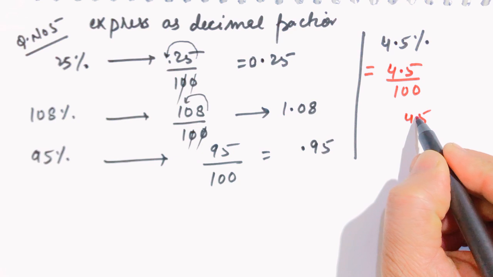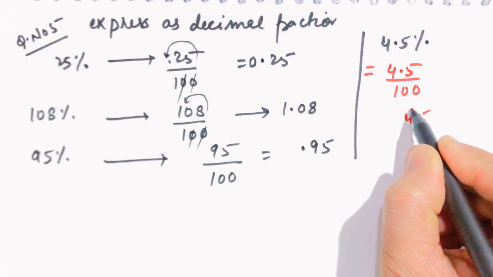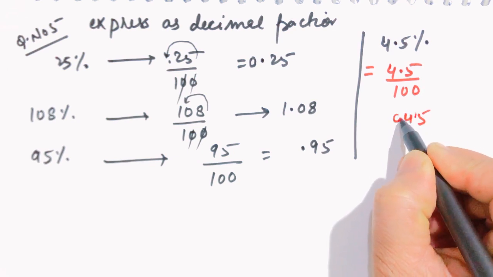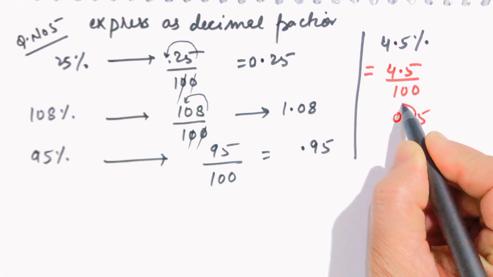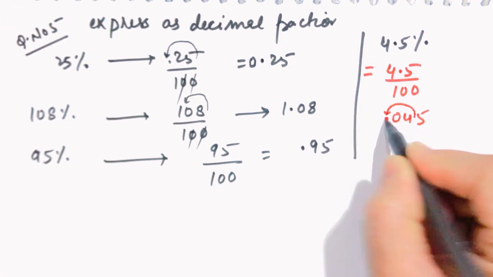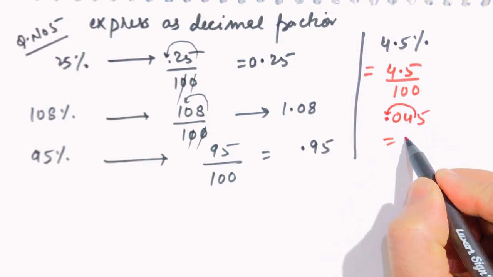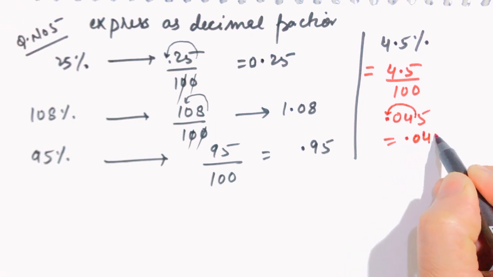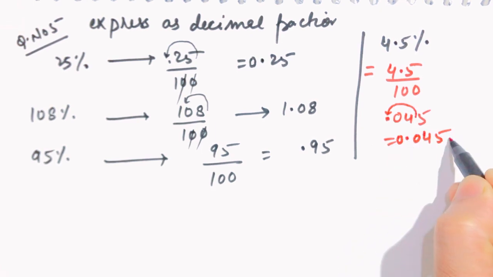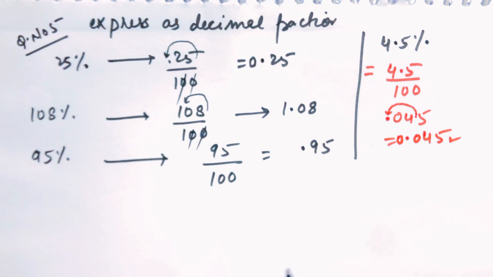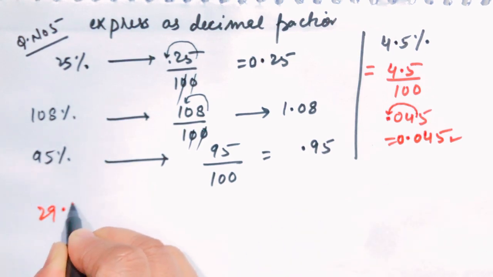One place is done, and you have to put an extra 0 over here, so it will be 0.045. Clear?